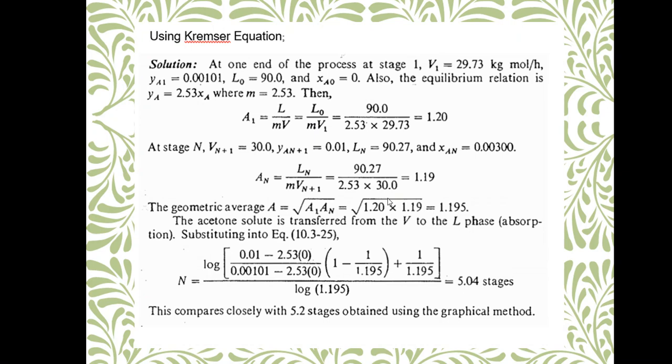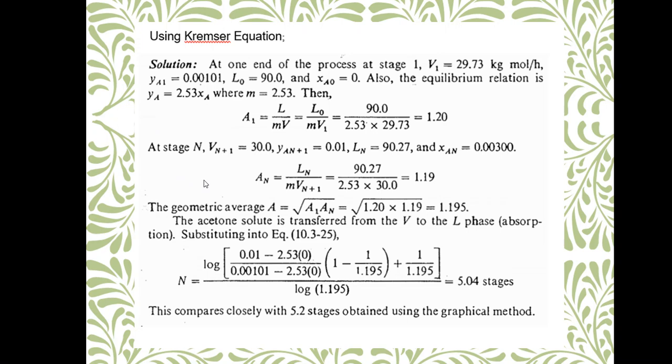Now we go to the use of the Kremser equation because our goal is for us to know the Kremser equation. We have this value for YA1, we have this L0, we have this XA0, and we have this V1 all predetermined, and we have YA equal to 2.53 XA as the equilibrium relationship for XA and YA.